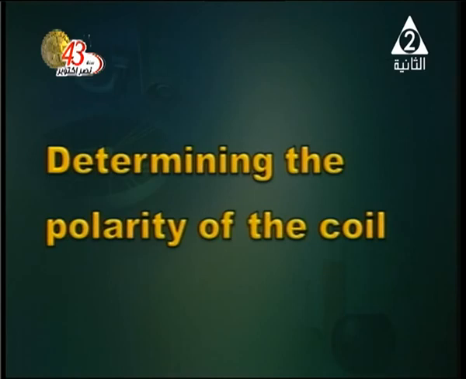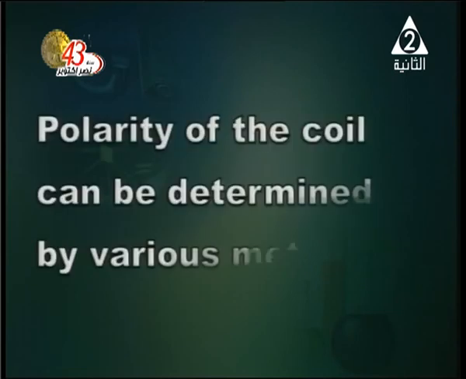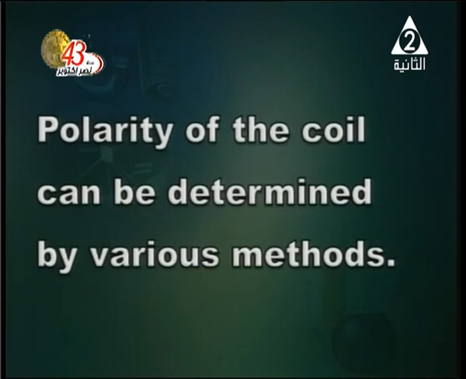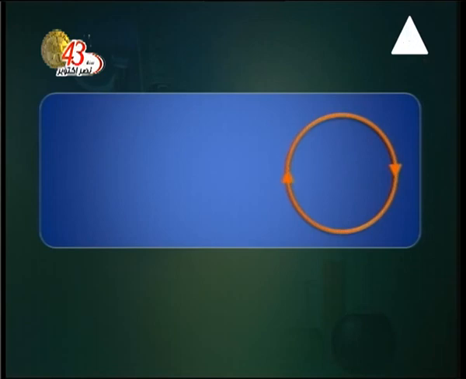And now determining the polarity of the coil. What does it mean, determining the polarity? It means knowing which face acts as a north and which acts as a south pole. Polarity of the coil can be determined by various methods. First of all, if the current flows in a clockwise direction, we expect a south pole.